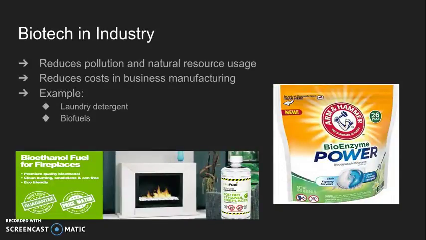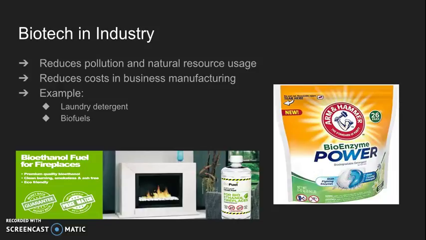And then finally, biotech and industry, its goals would be to reduce pollution and natural resource usage. It reduces costs in business manufacturing. And some examples of this would be modern day laundry detergents. Laundry detergents are able to clean laundry using biotechnology and enzymes to break down any stains or dirt.